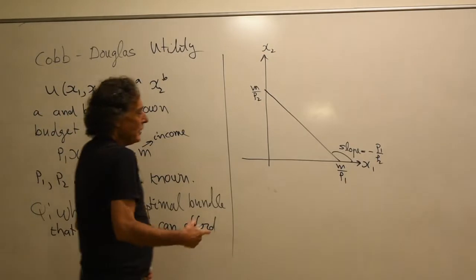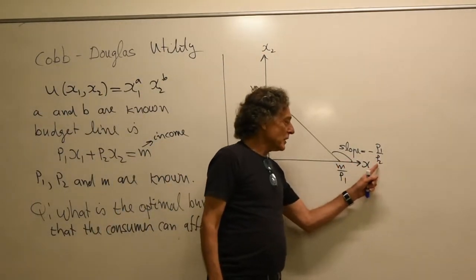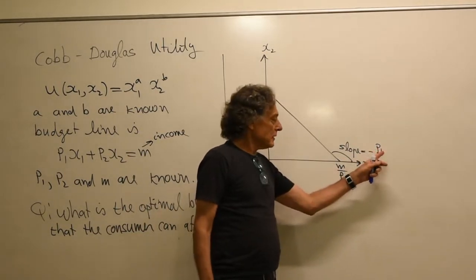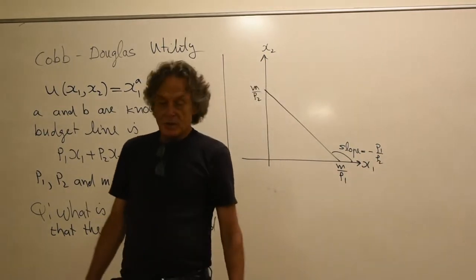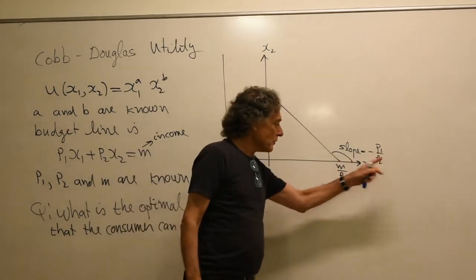Again, the minus P1 over P2 just says that if I want to increase my bundle by 1 unit, by how many units I have to give up on x2, it is P1 over P2.